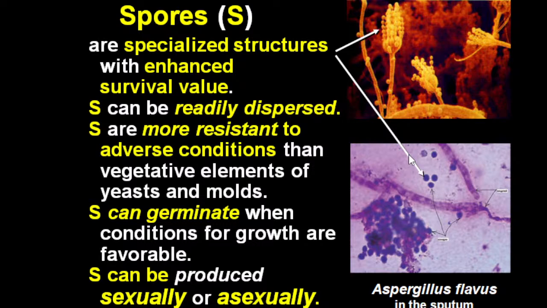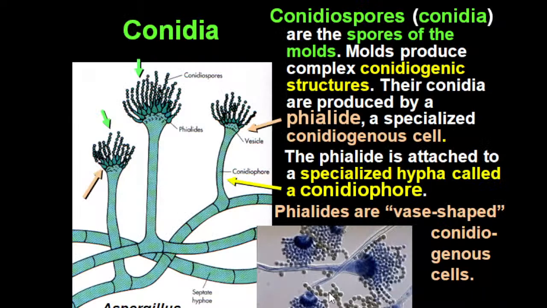Those spores, when they get into good conditions, will germinate and grow. In fungi, spores may be produced sexually or asexually, but that is important maybe for the biology of fungi. It's not very important for pathogenicity and pathogenic properties.